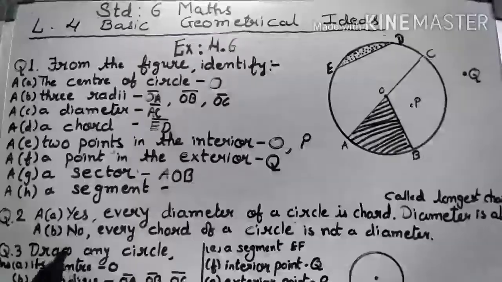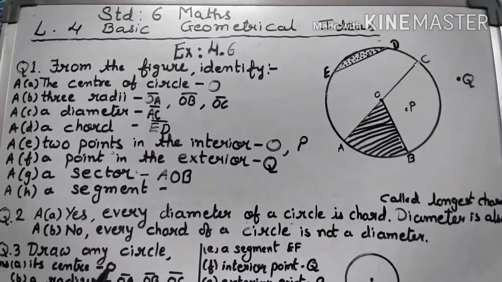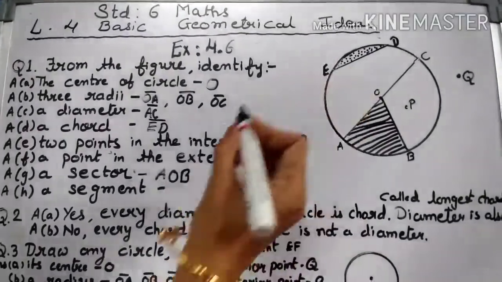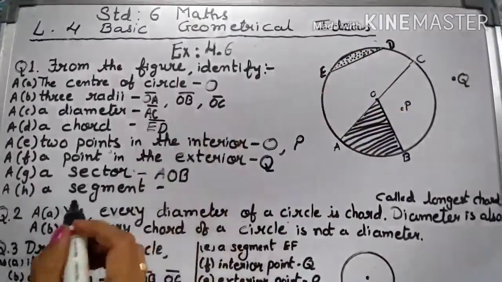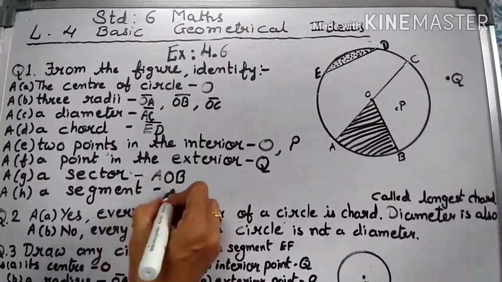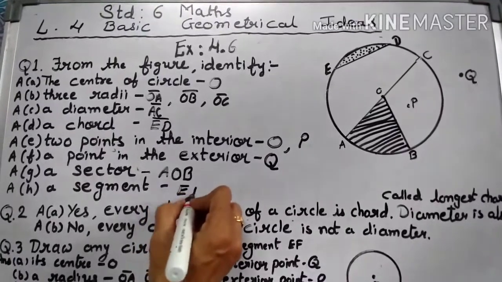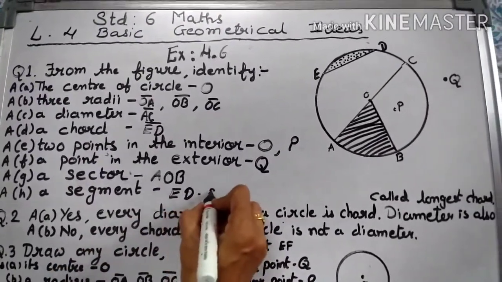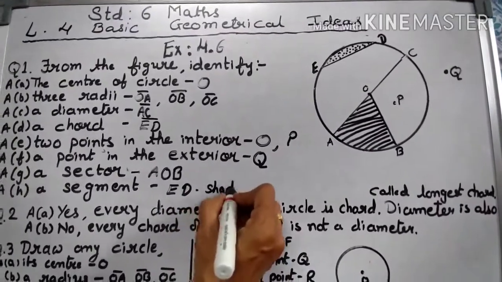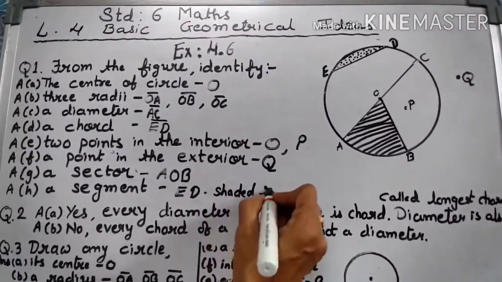This is called a segment of a circle. Here, your segment, the shaded part, is this ED. So, you can write that the segment is ED, the shaded region.